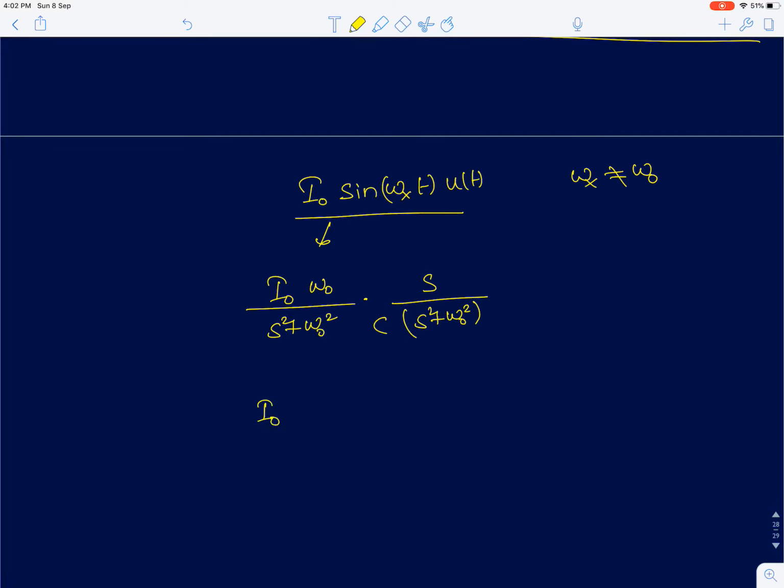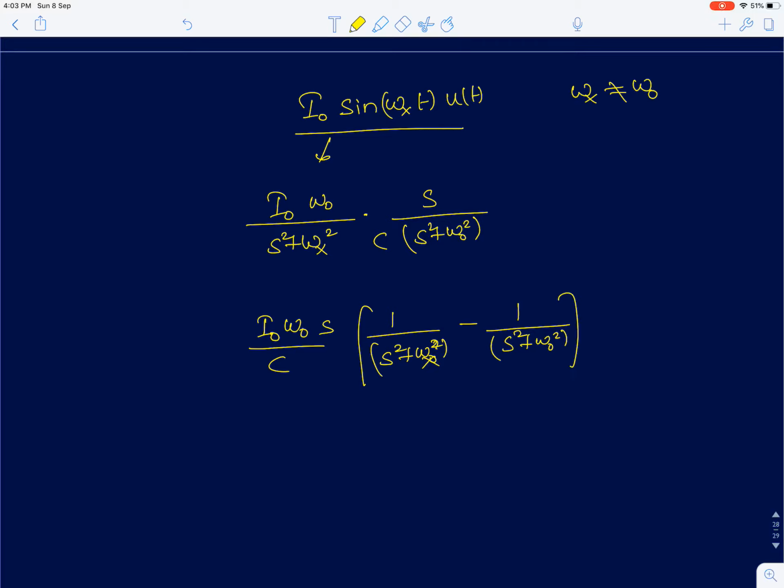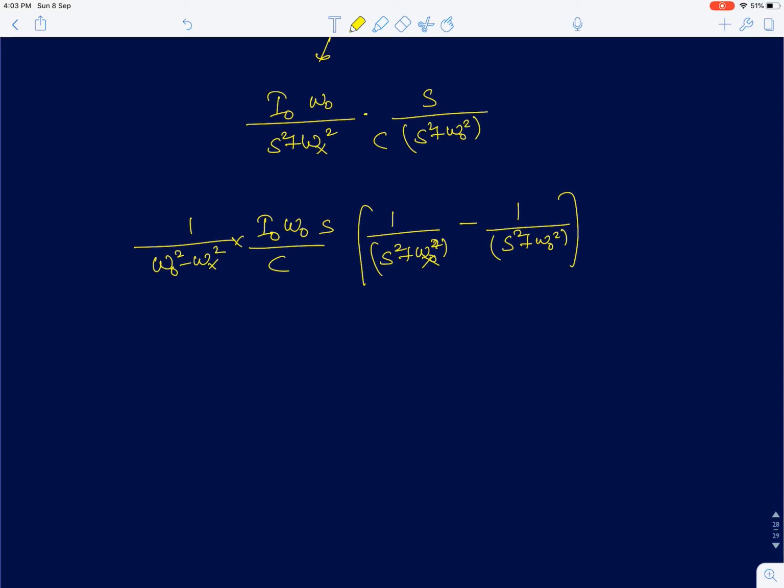Now in this result, I take I naught omega naught by C, and I take s also common outside. I can write this as 1 by s square plus omega x square minus 1 by s square plus omega naught square, with the whole thing divided by omega naught square minus omega x square. This is just a partial fraction expansion of the above result.